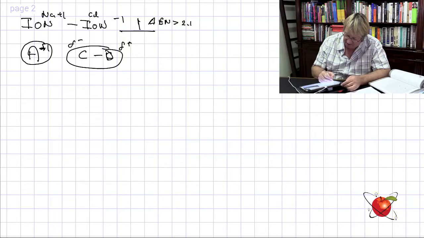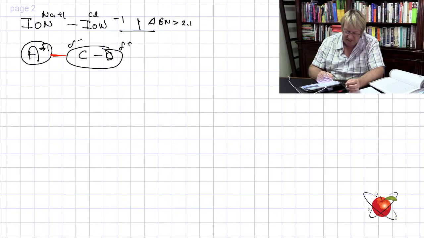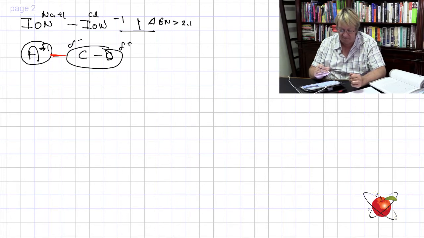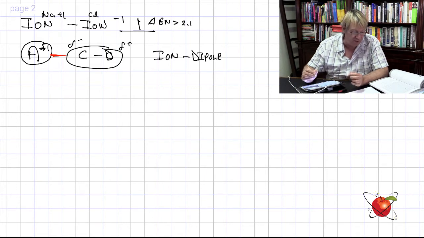I happen to come across an ion, which is a strong charge. So we will bond, won't we? There will be a bond between us, because I'm negative this side and positive that side. The ion, remember, is a strong charge. So this form of bonding here is called an ion dipole. And this is the order that we go down in.